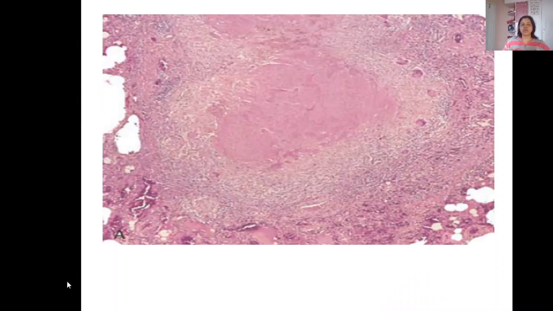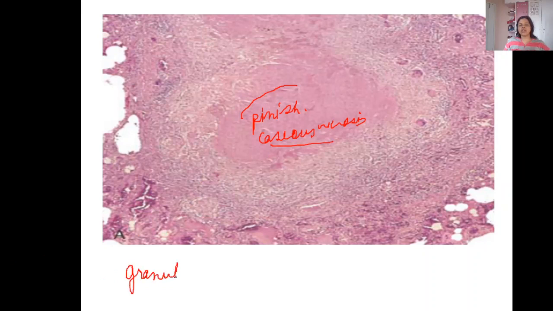How does it look? In this, the tissue architecture, as I told you, is completely destroyed. You can see this pinkish amorphous material. This is the caseous necrosis. And this caseous necrosis usually is seen in the center of a granuloma, which I have shown you.